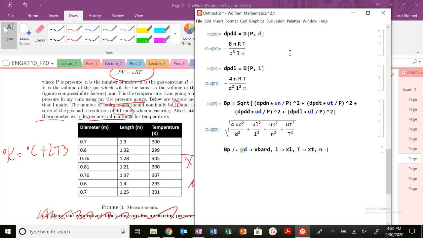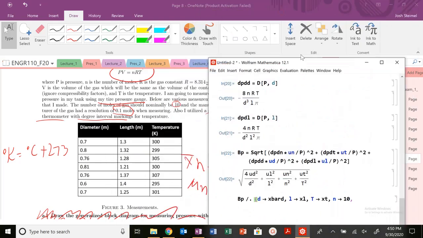My N is going to be, how many moles should I be? Should be nominally 10 moles. This has a resolution there.